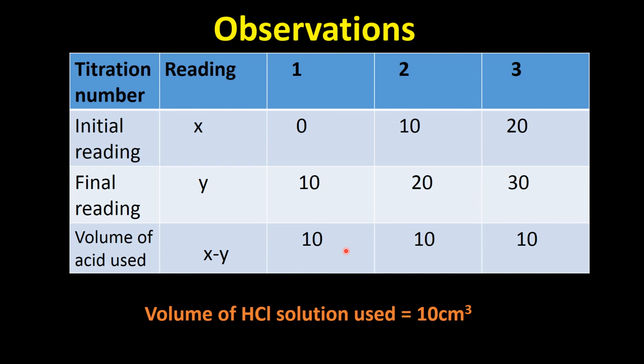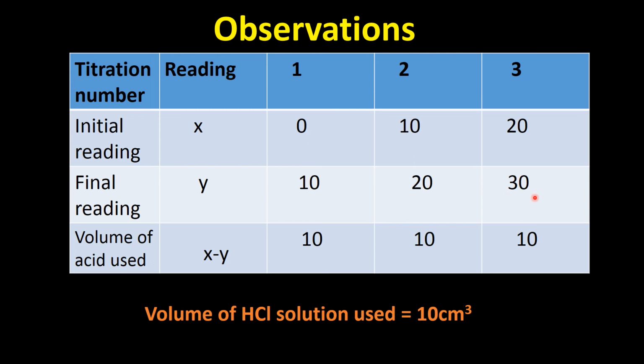Again, just for my satisfaction, I carry out the process once more. Now, as I have used hydrochloric acid solution up to 20 centimeter cube, I start from 20 centimeter cube, which is the initial reading, and it goes up to the final reading of 30.